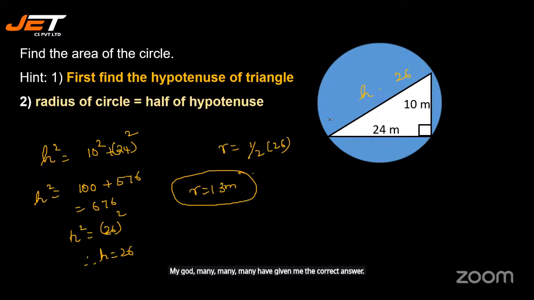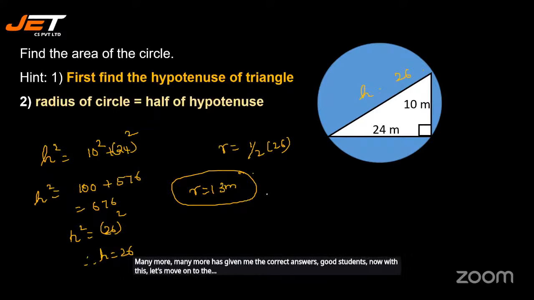Rasagna, Yashwant, Ananya, Hasini, Sahasra, Kirtana, Lasya, Snigdha, Spurti, Sai Krishna, Varshini, Sharanya, Shashank, Shivakumar, Siddiq. Okay, many more have given me the correct answers. Good students.